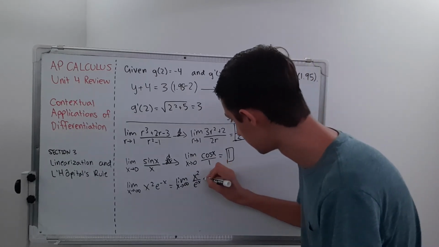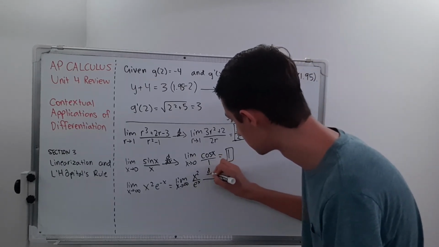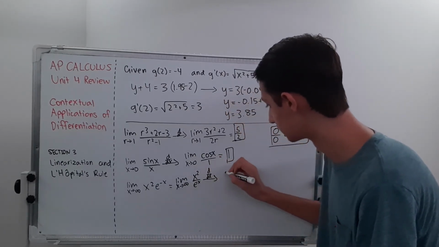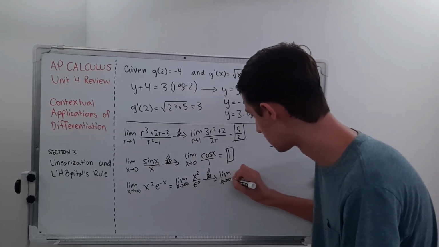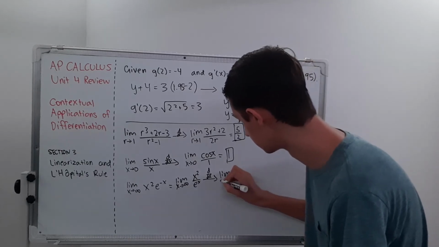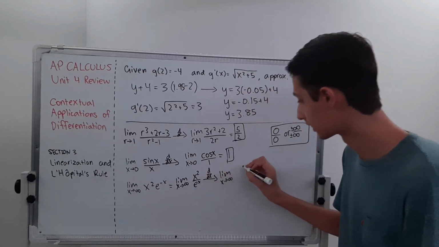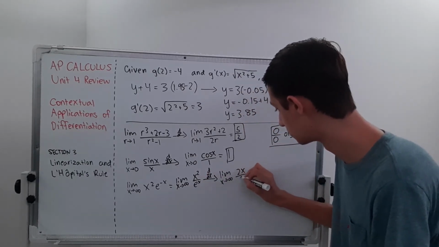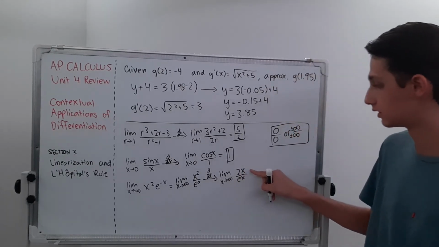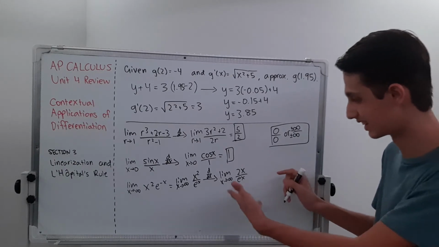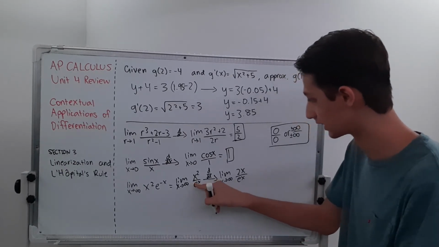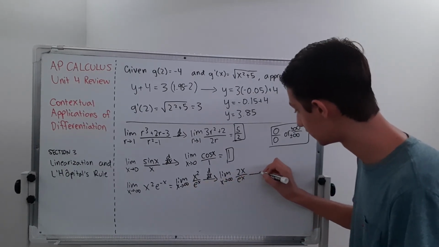So we can take the derivative, and this gives us the limit as x approaches infinity of 2x over e to the x. This is still going to give us 2 times infinity over e to the infinity, which is again infinity over infinity. So let's take the derivative again.